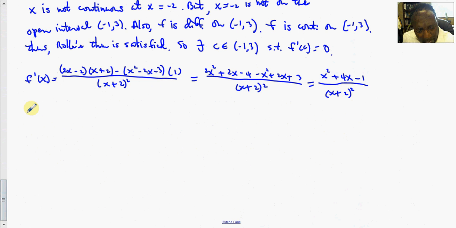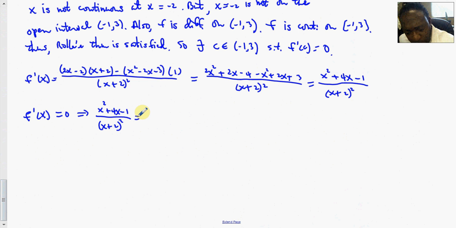Now we set F prime equal to 0. F prime of X equal to 0 implies that X squared plus 4X minus 1 all over X plus 2 to be squared is equal to 0. Multiply both sides by the denominator, so you end up with X squared plus 4X minus 1 is equal to 0.